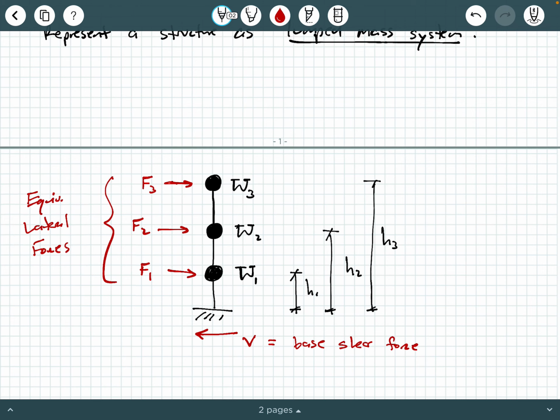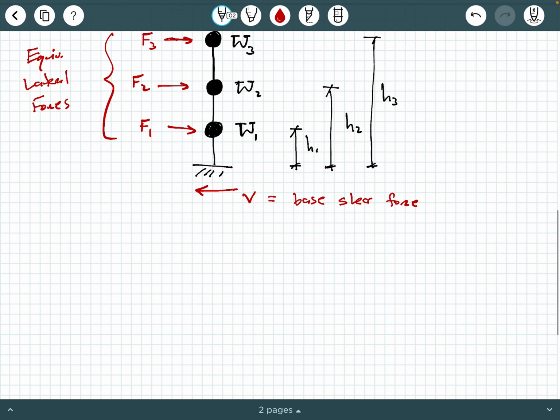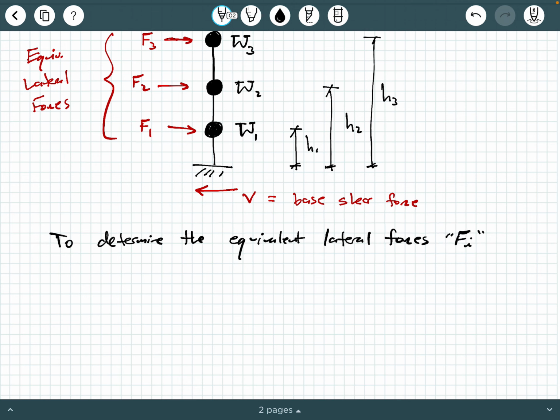So the question is, how do we compute all of these things? All right, so to determine the equivalent lateral forces F sub i, remember I just drew an example of a 3-story building, but it could be 4, 5, 6 stories.